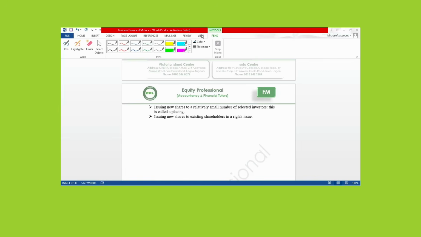We said private placing. You can also call it placing. At times they will say placing only. At times they will put private placing. At times they call it private placement.